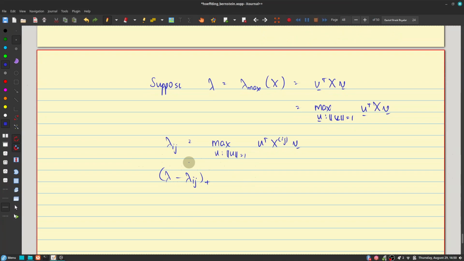Just the positive part of lambda minus lambda ij.